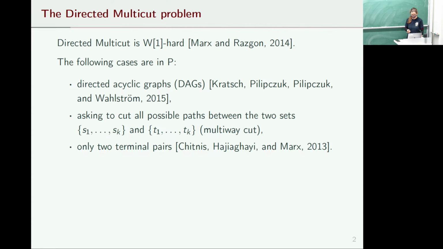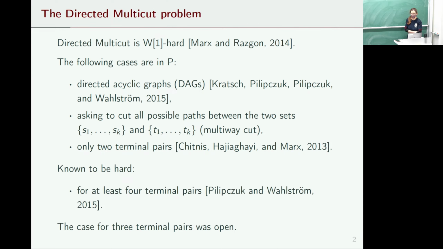And in 2015, Marcin and Magnus also proved that if we have at least 4 pairs, then it stays hard. So there's nothing we can do when we have at least 4 pairs. And until now, the 3 terminal case was just open.